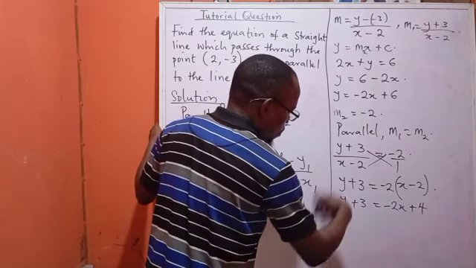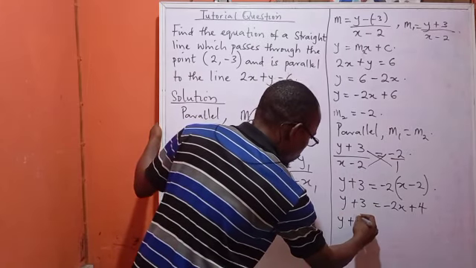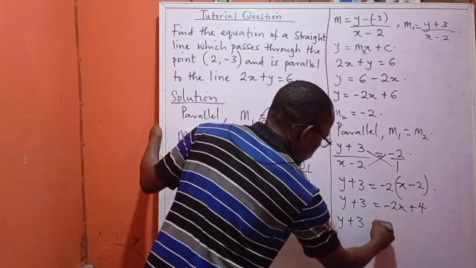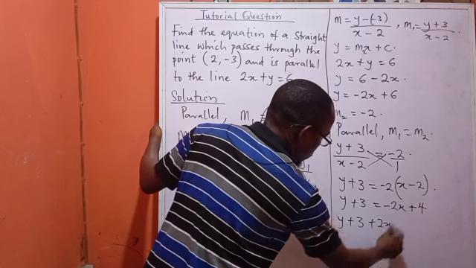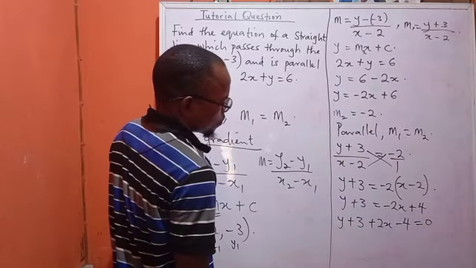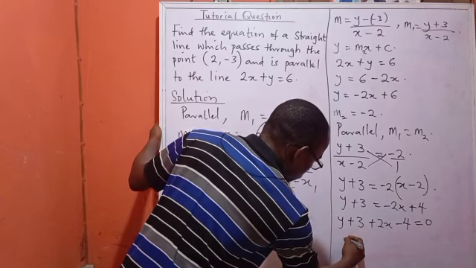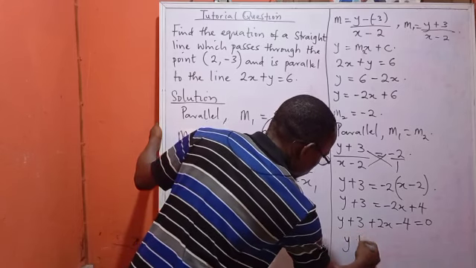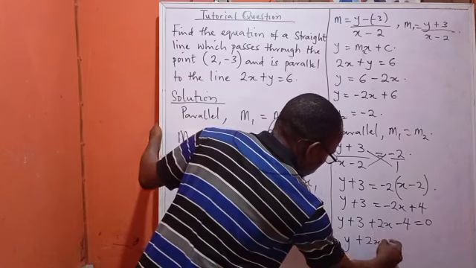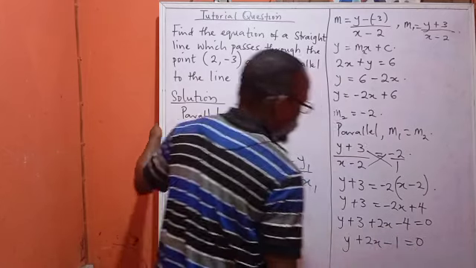Okay, so let's bring everything together. We have y plus 3 plus 2x minus 4 equal to 0. So from what we have here, we can now say y plus 2x minus 1 equal to 0.